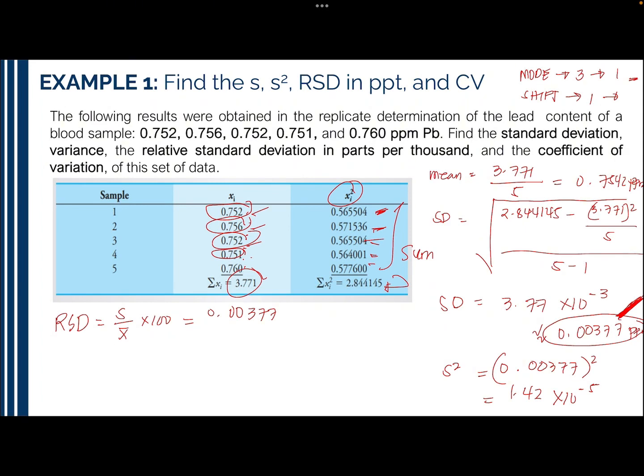So we have SD for that: the square root of 2.844145 minus 3.771 squared divided by 5, over 4.